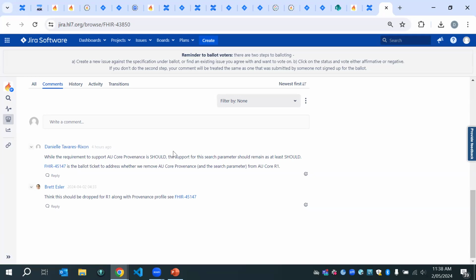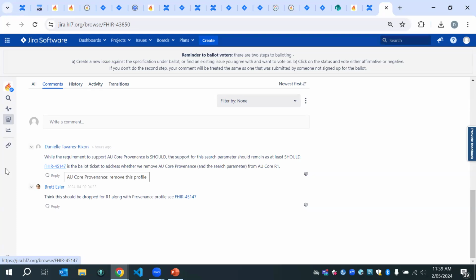So are we happy to treat this issue within the scope of what it is and then make the decision on how we deal with the provenance profile as a whole through that ballot ticket, which is out in AU Core Block Vote 12? I'm happy to do that.